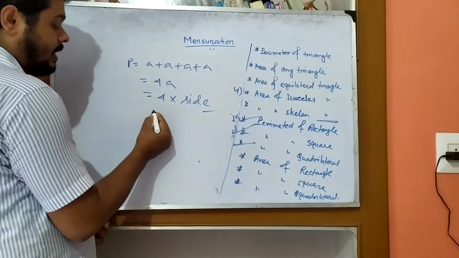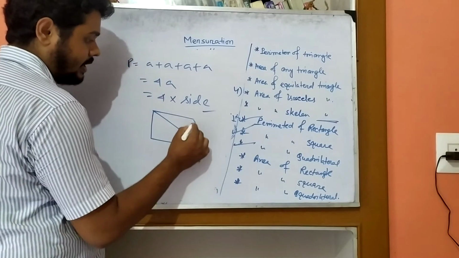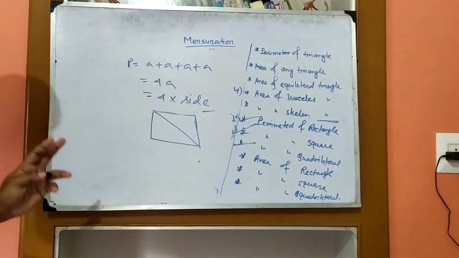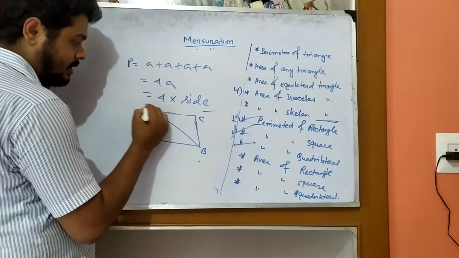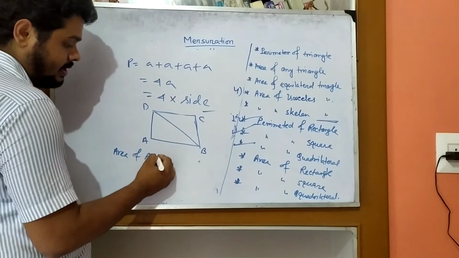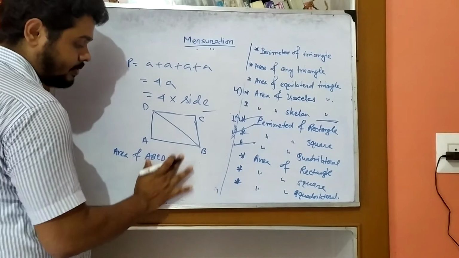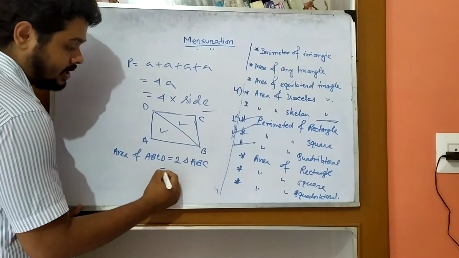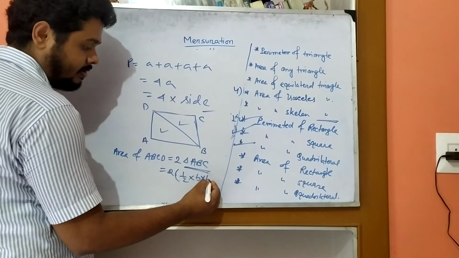Now the area of a rectangle. Suppose this is a rectangle, and we know the diagonal bisects it into two equal triangles. Now the area of ABCD equals 2 into triangle ABD, because these two triangles are equal. The area of a triangle means half into base into height.